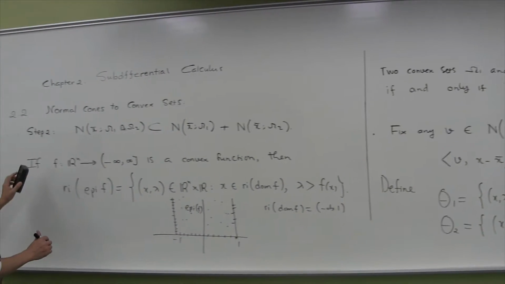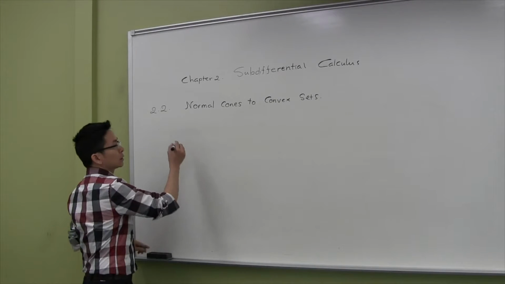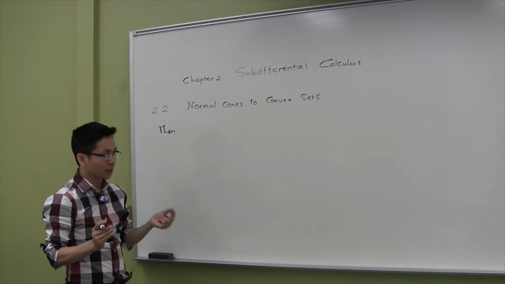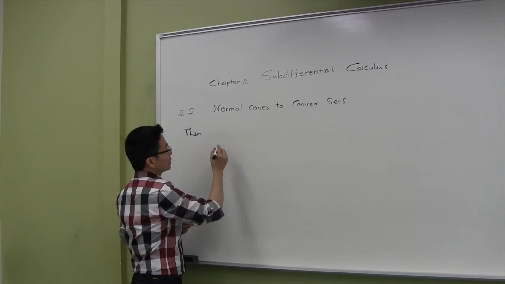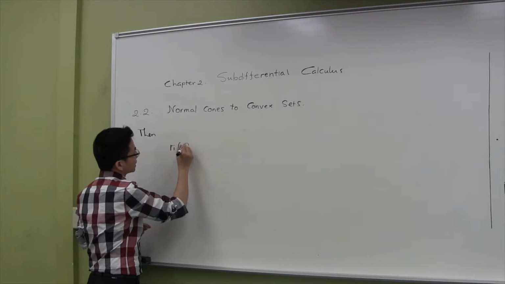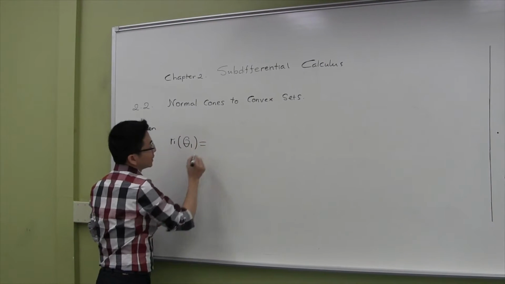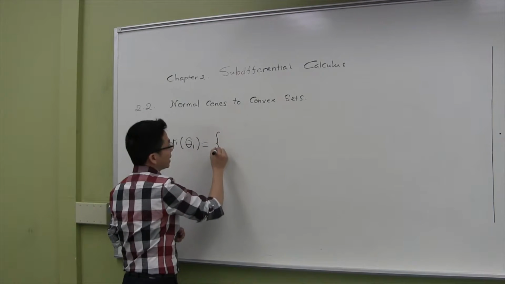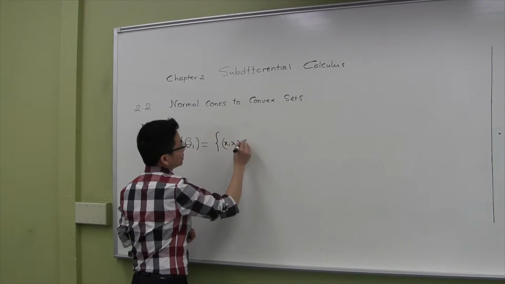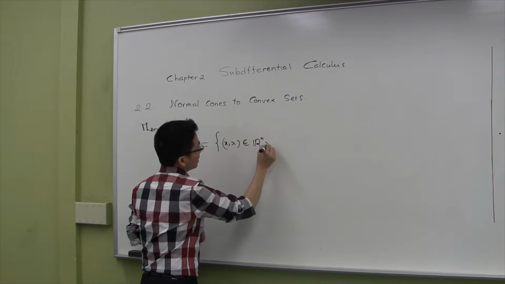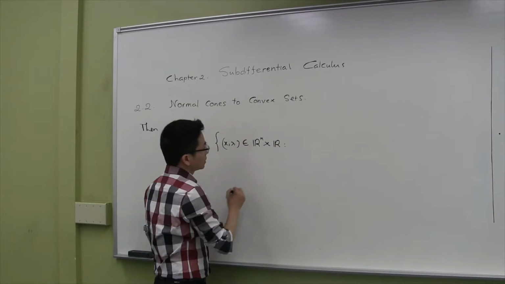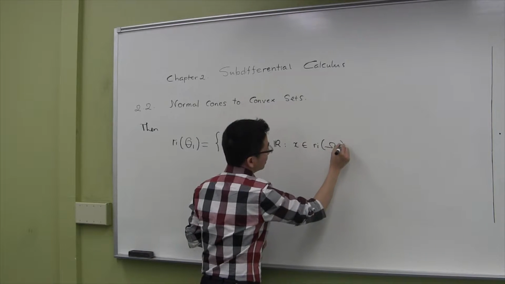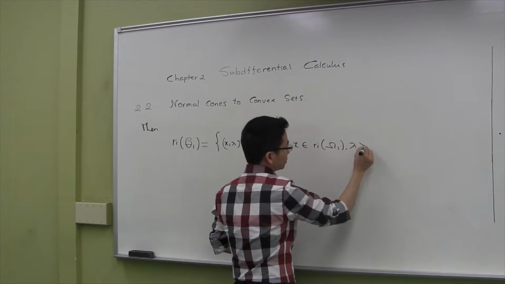We will observe the following. From the first property recalled earlier, the relative interior of theta 1 contains all (x, lambda) in Rn times R such that x belongs to the relative interior of omega 1 and lambda is strictly greater than 0.